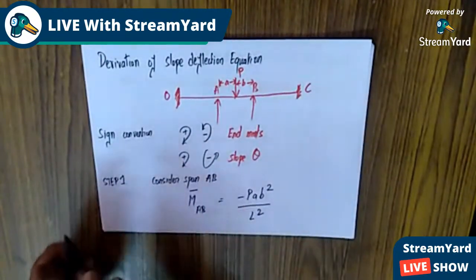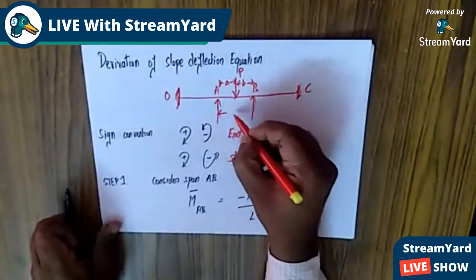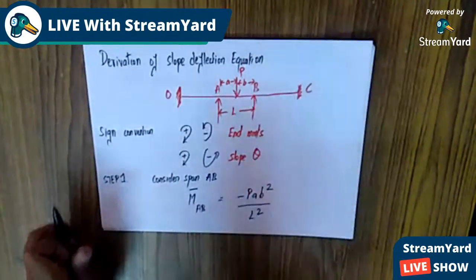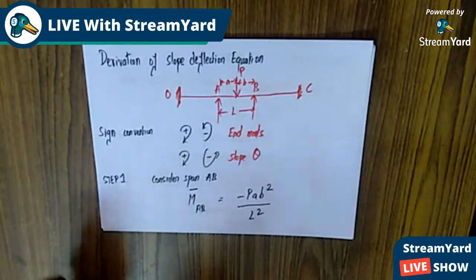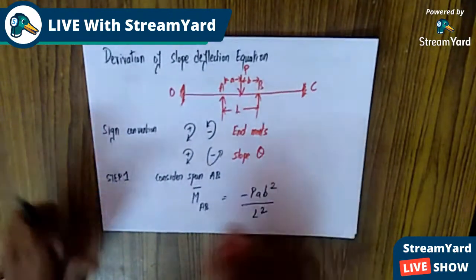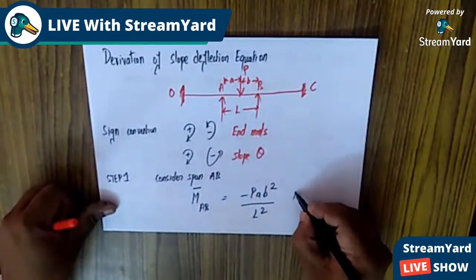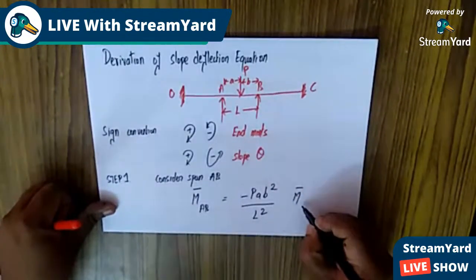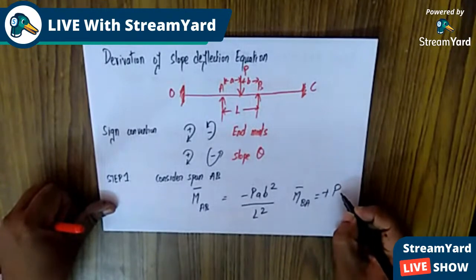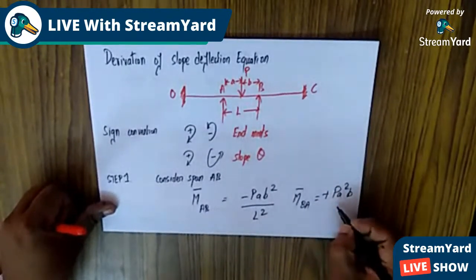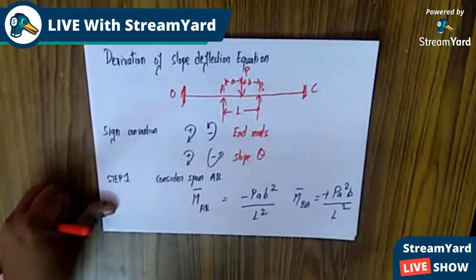Let the length of the span AB be capital L, that is a plus b. Also, the moment M bar BA would be positive P a squared b divided by L squared.